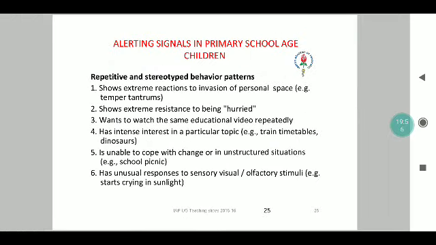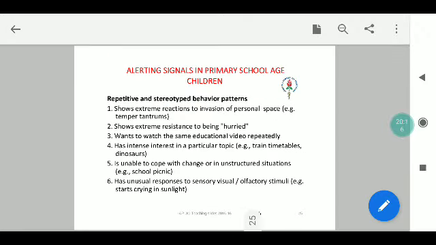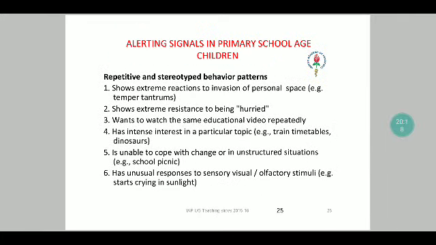And as far as behavioral patterns are concerned, extreme reactions towards invasion of personal space, that is the undue showing of temper tantrums, extreme resistance when hurried for a particular task, wanting to watch the same educational video or any other video repeatedly, borderline addiction, intense interest in a particular topic such as train timetables, flights, a particular YouTube video, or dinosaurs, etc., unable to cope with change in an unstructured situation, or unusual response to a particular stimulus such as sunlight.